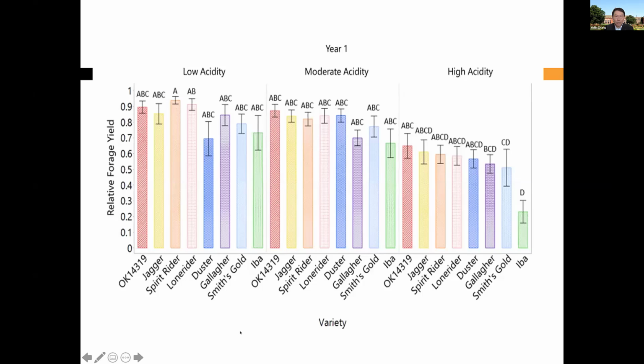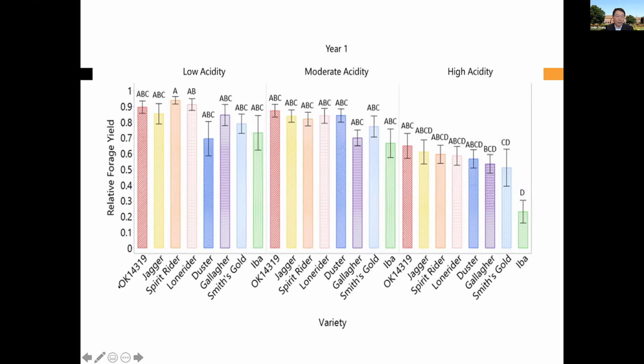Within each category, you can see consistently, okay, 14319 and Jaga, Spirit Rider performed consistently better than others. So they're more acid tolerant than other cultivars.